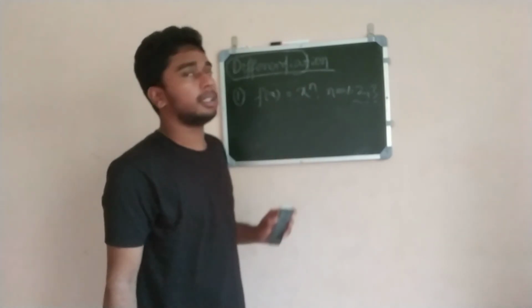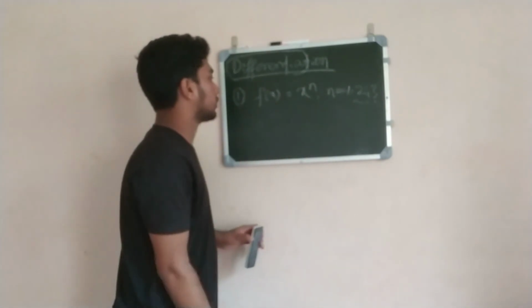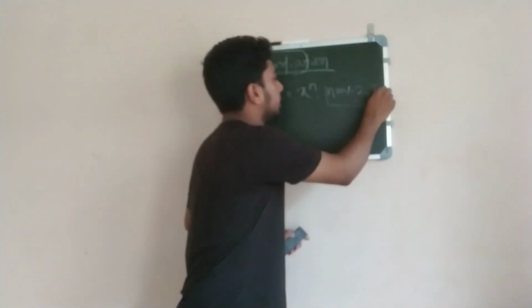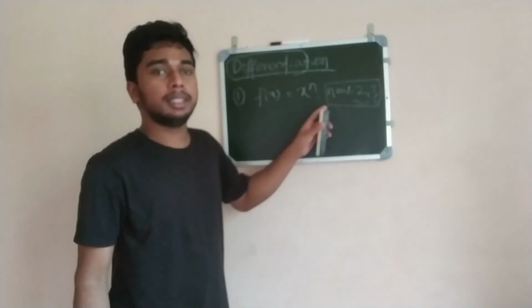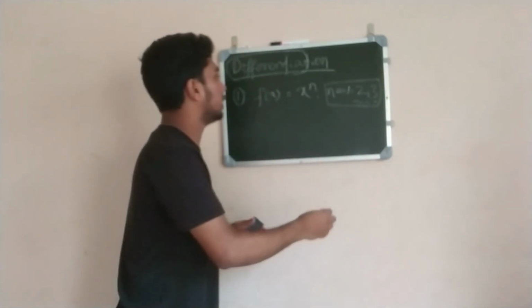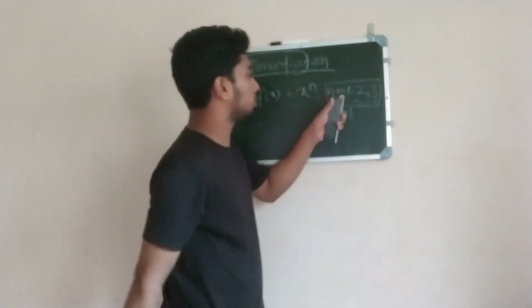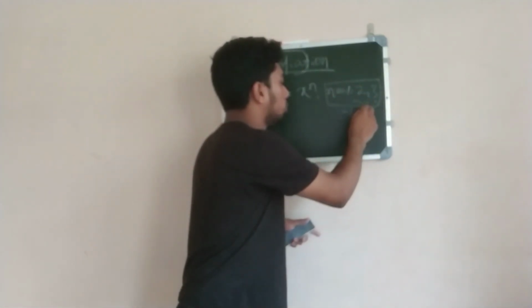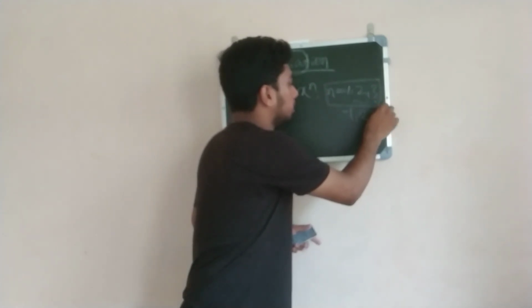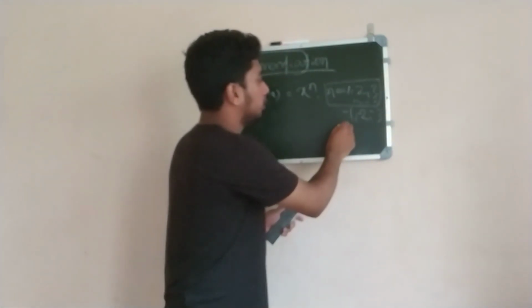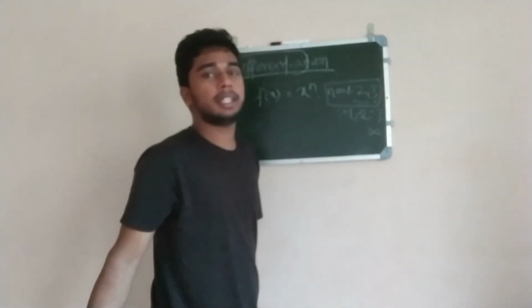So how can I write this one? For simplicity, I am considering n as an integer. So integer, I mean this will be -1, 1, -2, -3 like this, up to infinity, I can write any integer.